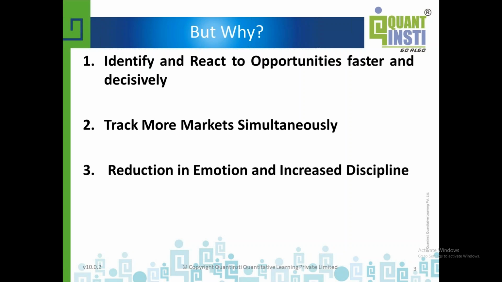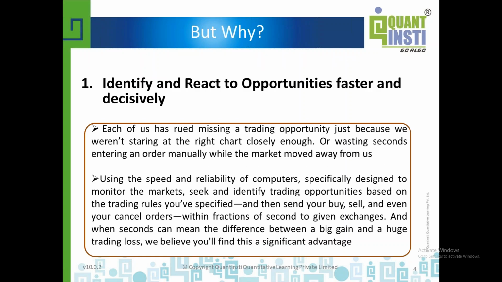So in this way, quant, or for that matter automated trading, is really important, trying to quantify everything. As I said, if you have an automated system, you can identify and react to opportunities faster.